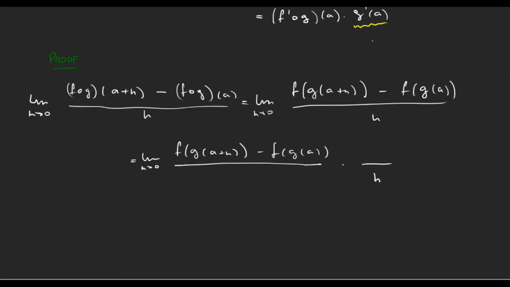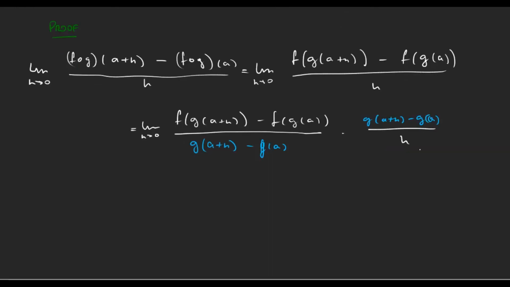But now here, as I want g prime to appear, I'm going to divide by g of a plus h minus g of a, and here I'm going to multiply by the same thing. So I'm going to write this fraction a bit differently, a bit better. And now I can use that the limit of the product is just the product of the limits.